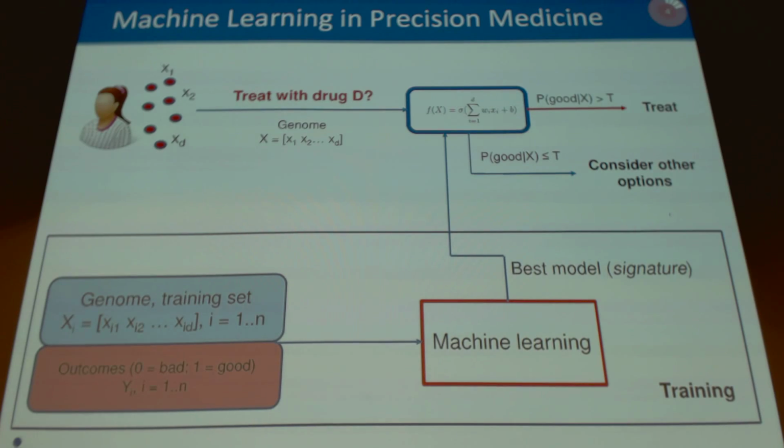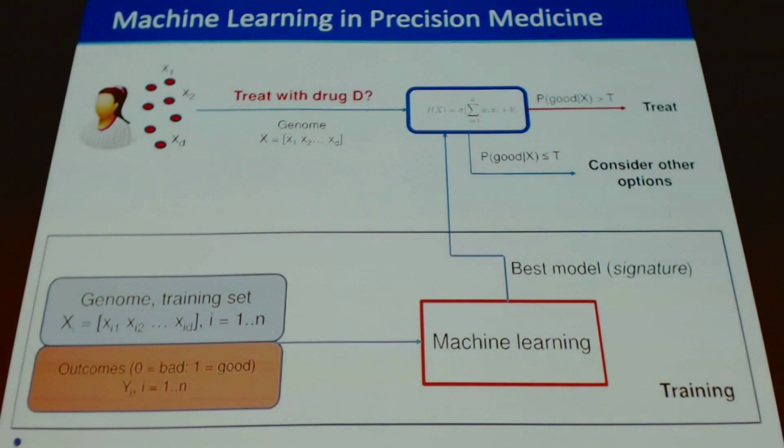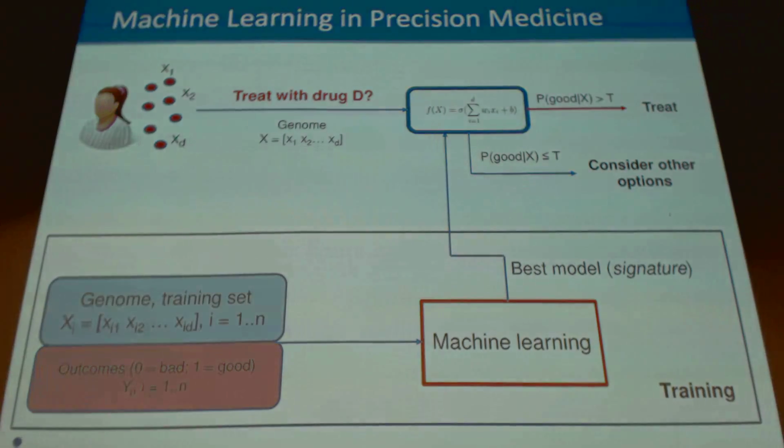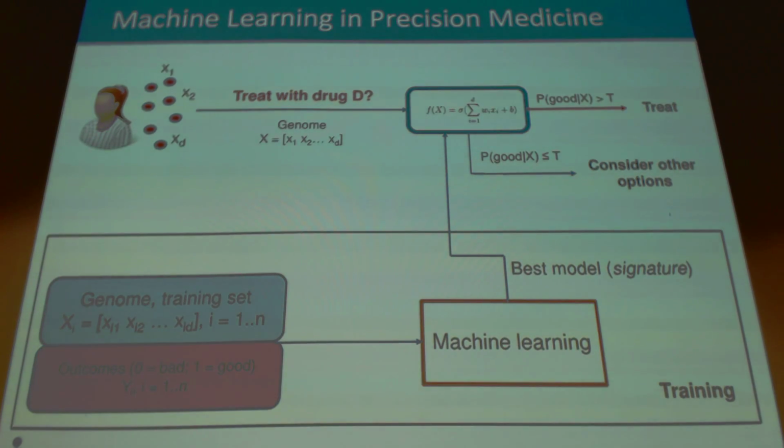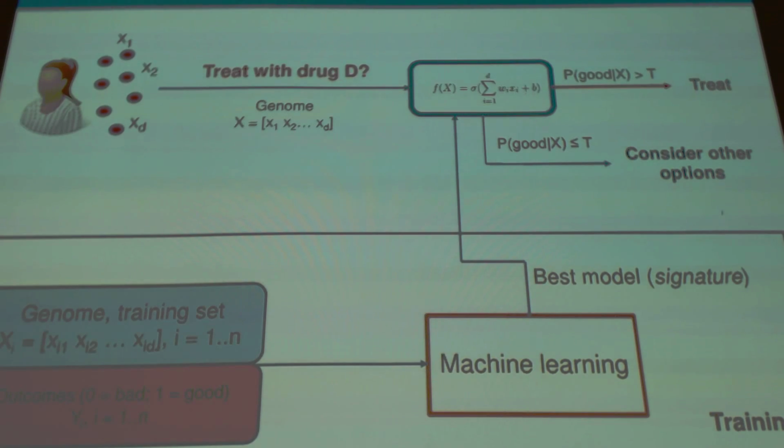So here's the overall concept of precision medicine. Maybe you listened to the President's State of the Union a couple of weeks ago. It was featured there for a couple of sentences, but nevertheless, it's already high profile if it gets there. The concept in principle is really simple.